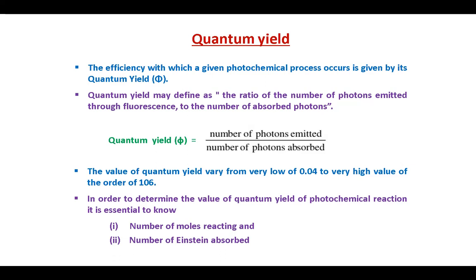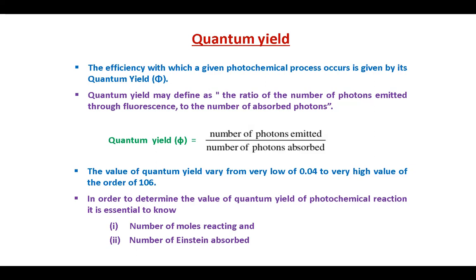Quantum yield may be defined as the ratio of the number of photons emitted through fluorescence to the number of absorbed photons. It ultimately relates to the efficiency of the pathways leading to emission of fluorescence, providing the probability of the excited state being deactivated by fluorescence, rather than by other competing relaxation processes.